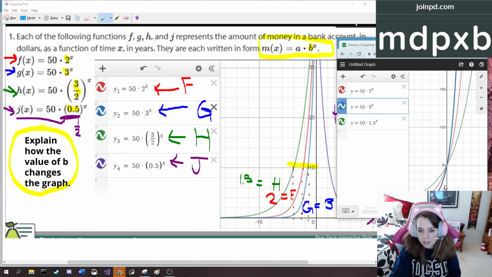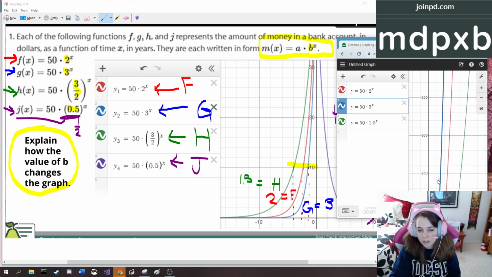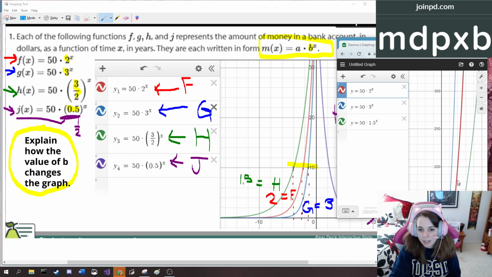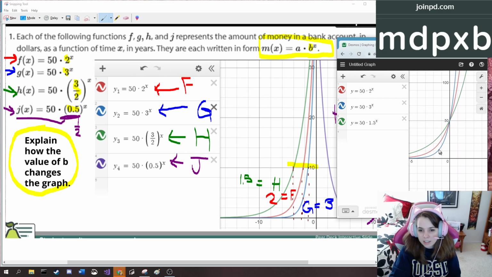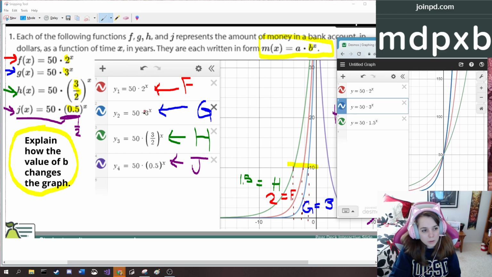So it's going to be growing faster than the other two, so it goes on top. However, in the negatives, it's growing the slowest. So when the growth rate is a big number, in the negatives it's going to be the slowest. However, once we get to the positives, it's going to be the fastest.